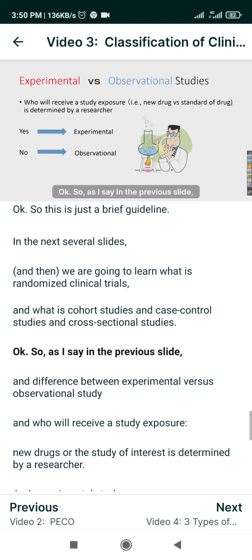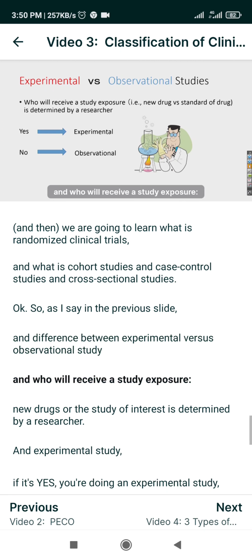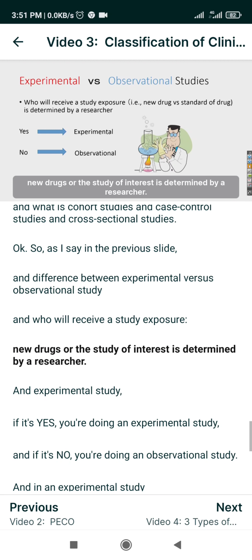Okay, as I said in the previous slide, the difference between experimental versus observational study is who will receive a study exposure or new drug, or whether the study exposure of interest is determined by a researcher.